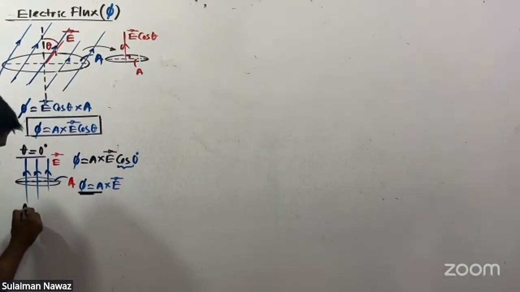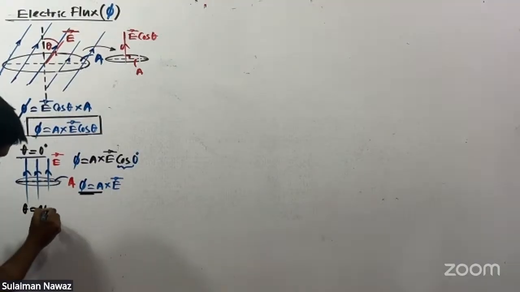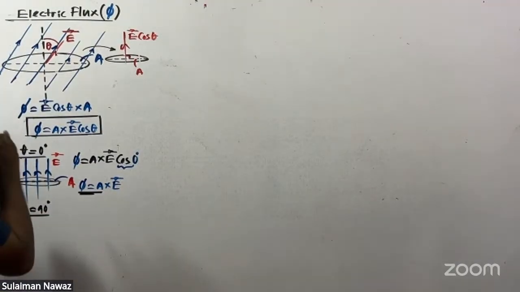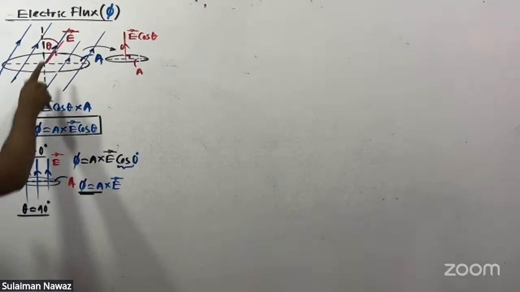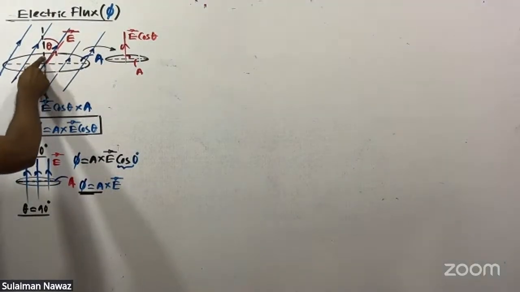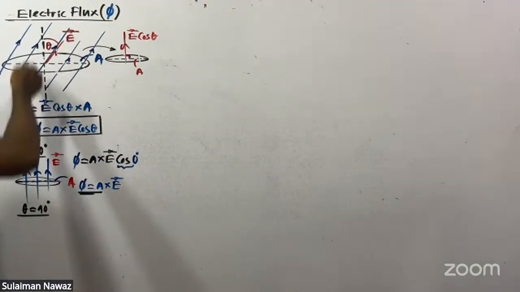Now, what if your angle theta is 90? We all know theta is the angle made by the electric field lines with the vertical line.